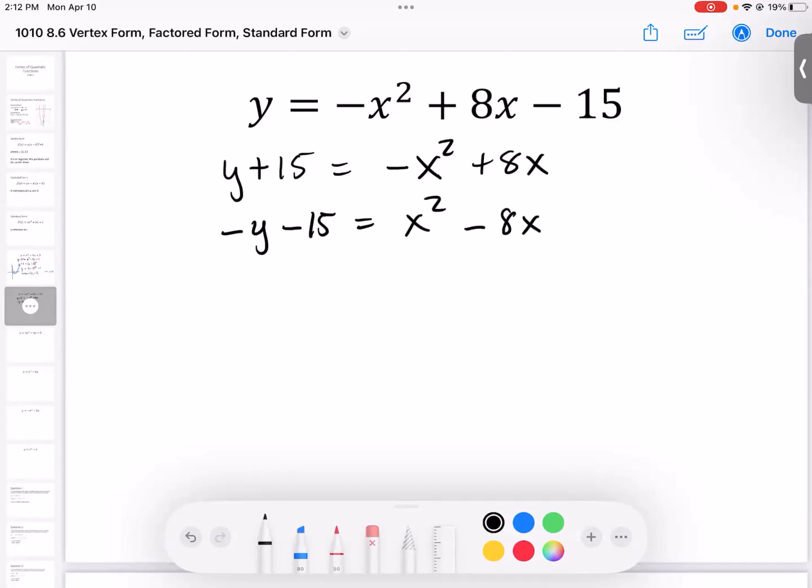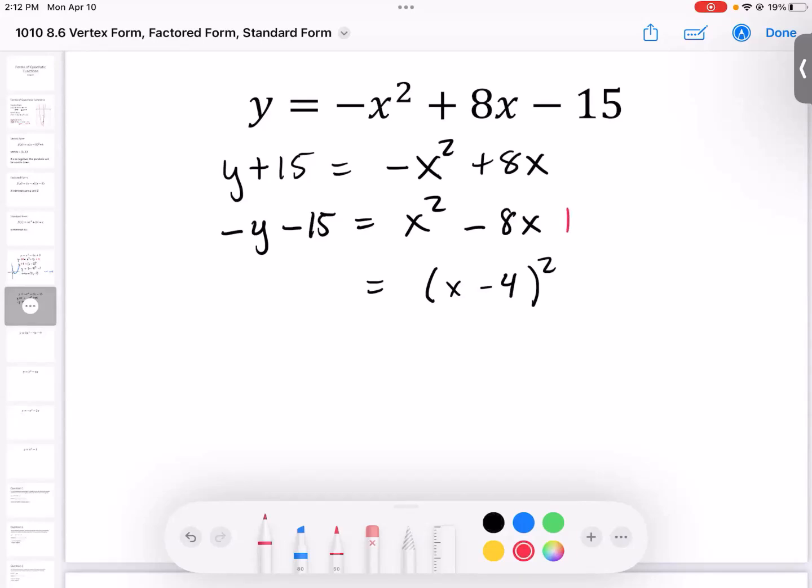Okay, so what are we going to want this to factor to? What perfect square will we be working towards? Did you say 4? Perfect, yep. So we'd have x minus 4 because that's half of this. But this won't factor to this unless we have a constant here. What is that constant?